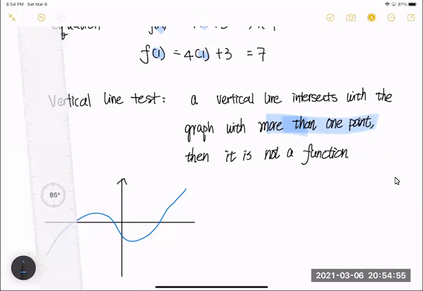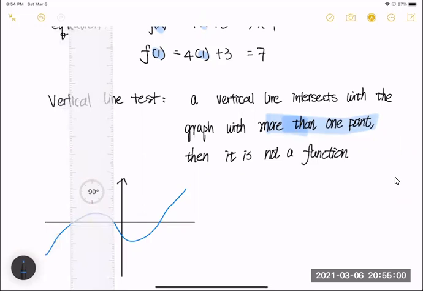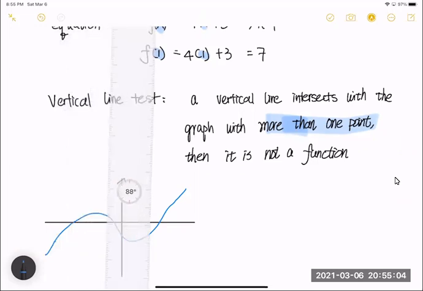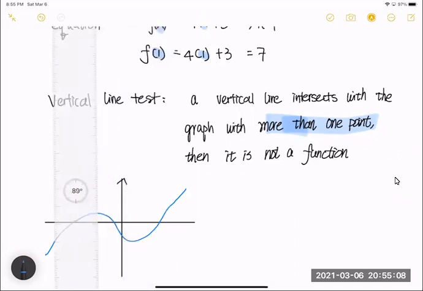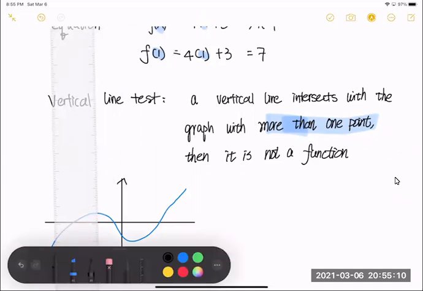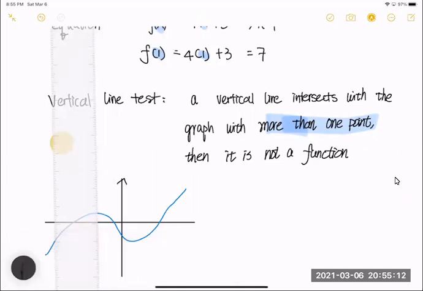The ruler always has 1 point of intersection with the function, right? We couldn't find the ruler intersecting the function at more than 1 point. So that means this is a function. Because when we pick a random line, it intersects this graph at just 1 point. So this is a function.